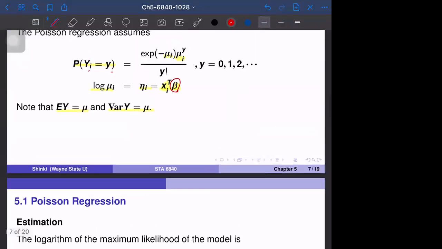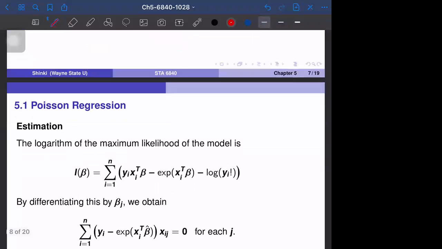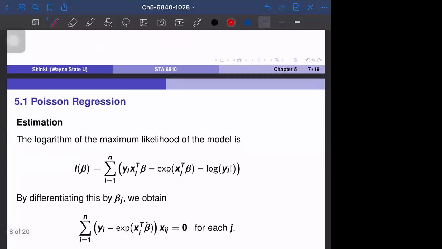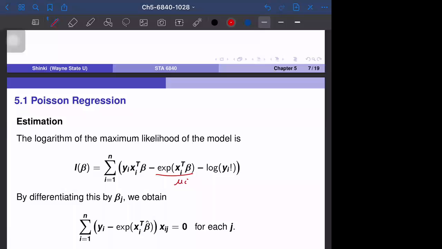We take the logarithm of the original variable and plug in that the log of mu is equal to xi transpose beta, or mu i is equal to the exponential of xi transpose beta. So this is mu i, and this is the log of mu i. Then you can see why this is the log likelihood function.